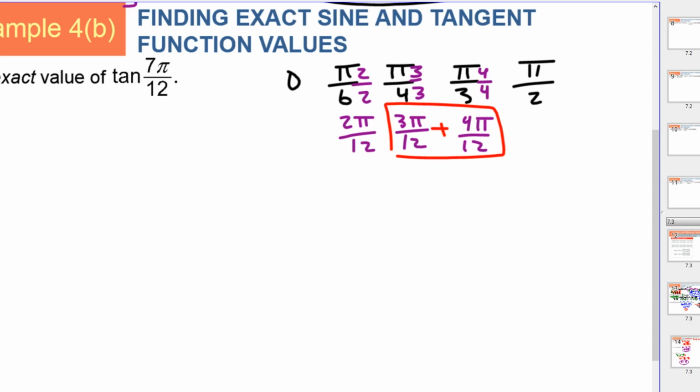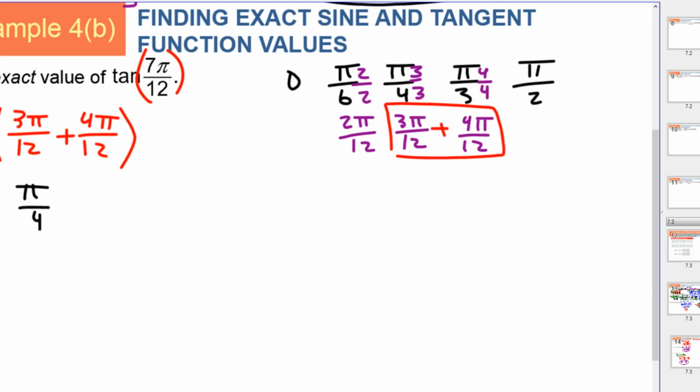I'm going to take this 7 pi over 12, and I'm just going to rewrite it as 3 pi over 12 plus 4 pi over 12. Now, it might be easier for you to write the reduced. That's actually what came from pi over 4, and that came from pi over 3.